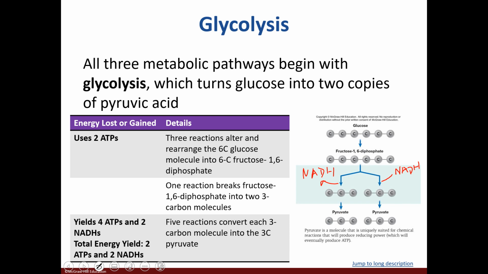However, the cell does not actually get 4 ATP because it takes an input of 2 ATP. So it's like you buy a $2 lottery ticket, win 4, but you actually only take home 2.